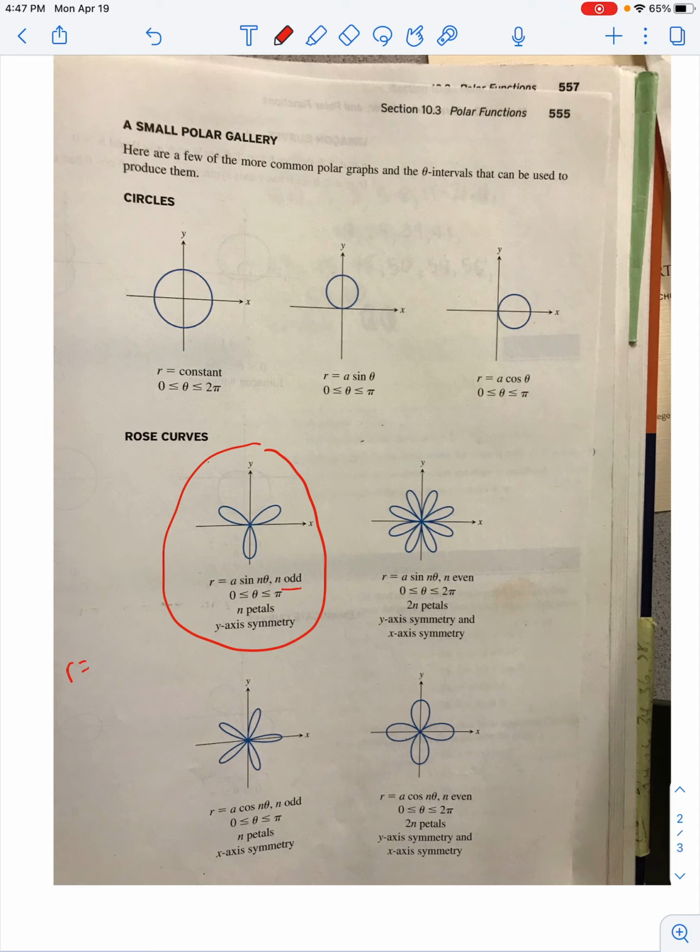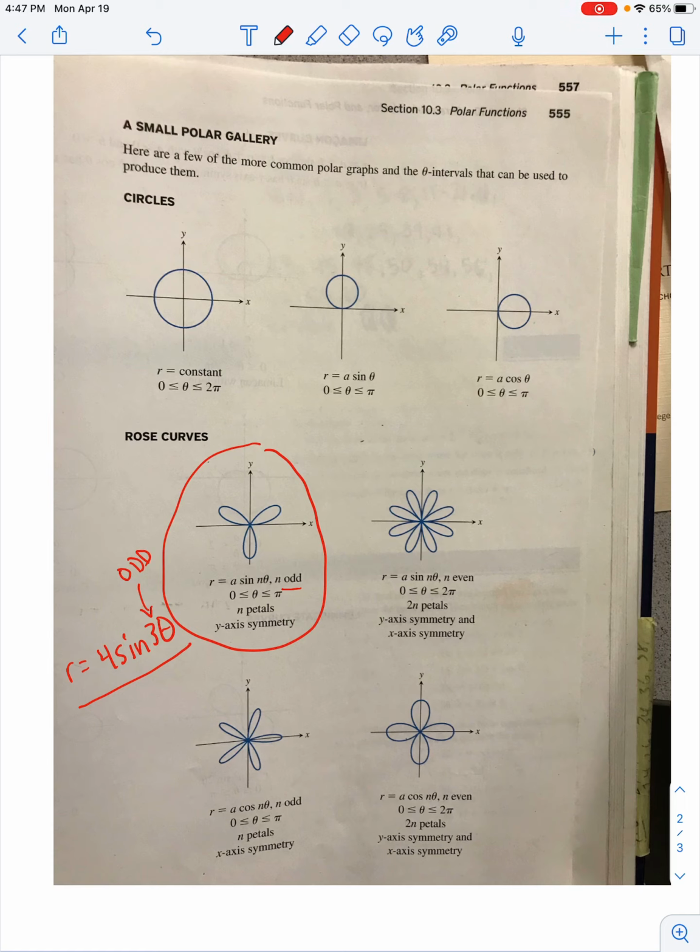And it has an odd number, example number 2, because actually this function is the exact same function that we used on the last problem that I just made a video on. So you can see that when your n right here is odd, it's going to make that many petals. But if your n was even, it's going to make twice that many petals.